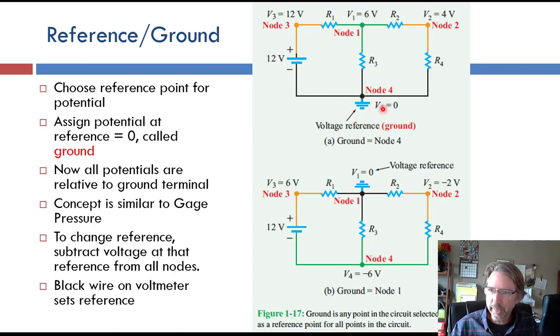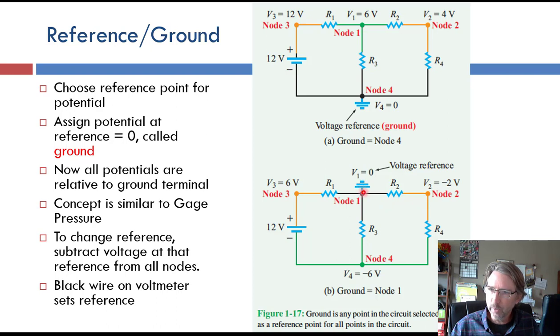If you decide to change your reference node, so if we put the reference node up here now, you just subtract 6 from everything, because that will make this one 0 and move everything else relative. So we have 6 here, so we subtract 6 and now it's at 0. We had 12 here, we subtract 6 and now we're at 6. We had 4 here, and subtract 6, so now we're at -2, so negative voltages are perfectly fine.